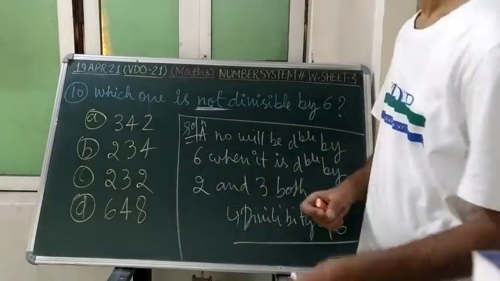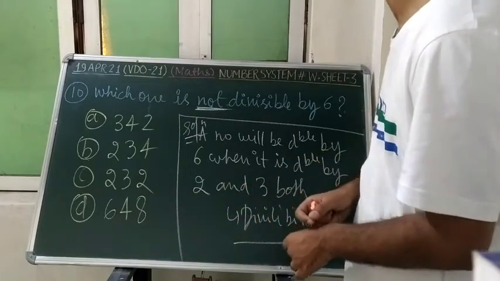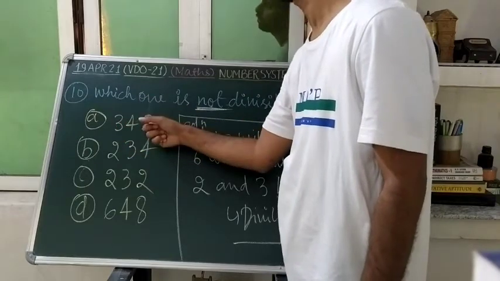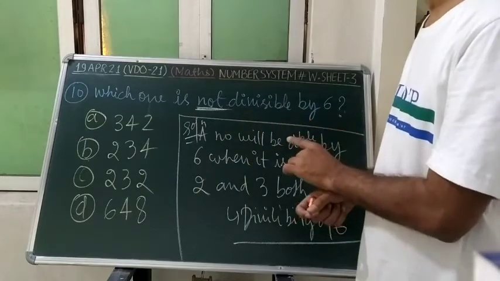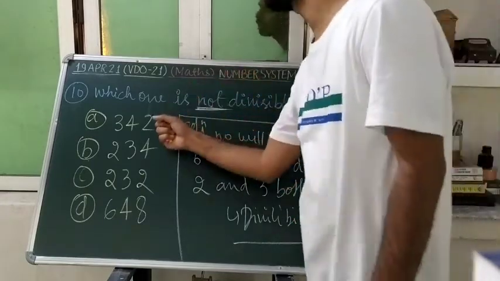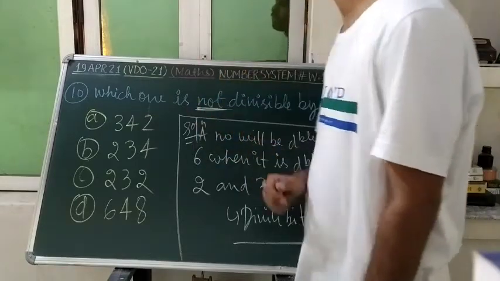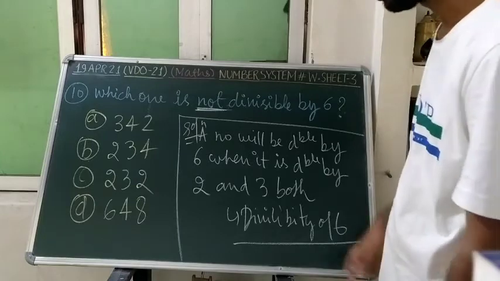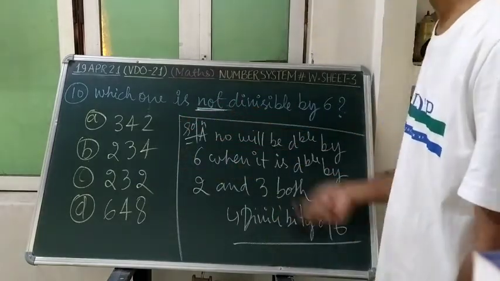For 3 I have told you that the sum of the digits should be divisible by 3. So 3 plus 4 is 7, 7 plus 2, 9. So 9 will be divisible by 3. So from 2 and 3 both it is going. So this will be divisible by 6 as well. So we can't select it since the question is saying which one is not divisible.